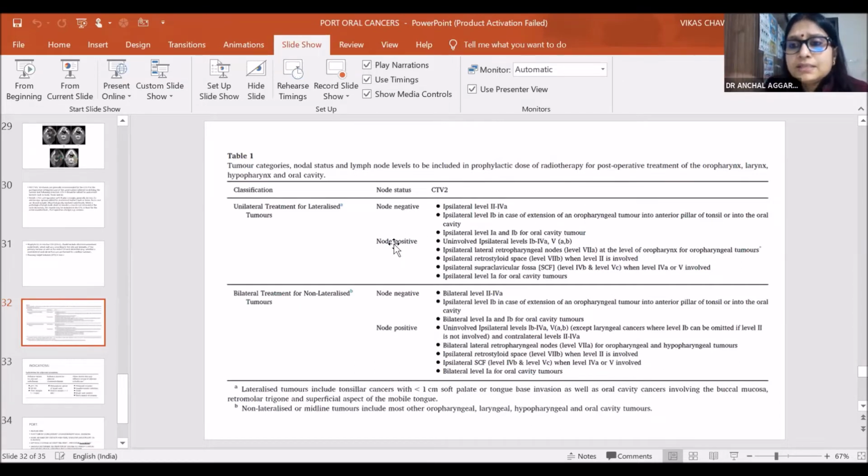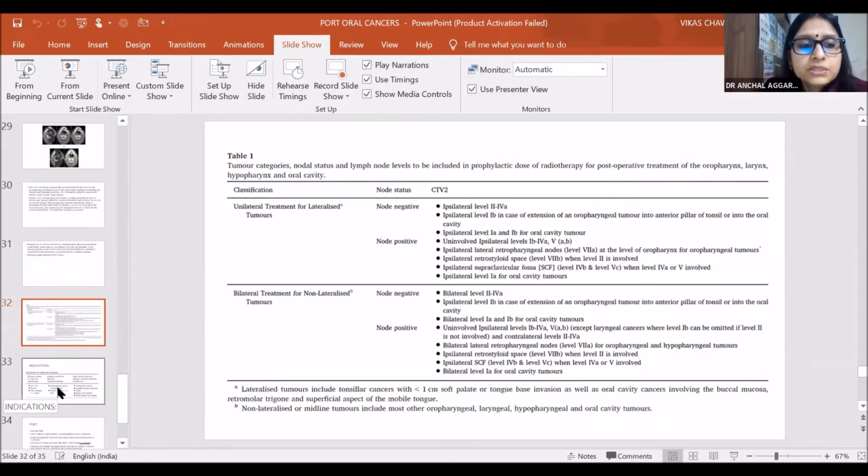Same way, these are the same guidelines which you follow when you do neck dissection. And if there is a pN1 or N2, N3 disease, then uninvolved ipsilateral level 1B and 4A is taken. Ipsilateral, lateral, you can go through these slides later on. These are the same principles which you follow when you do the neck dissection.